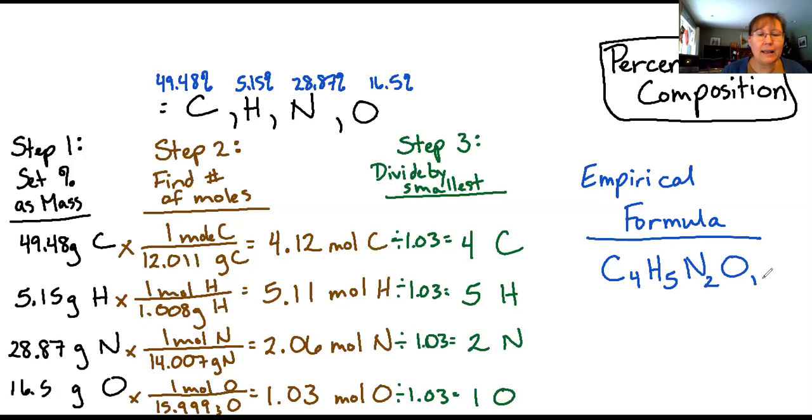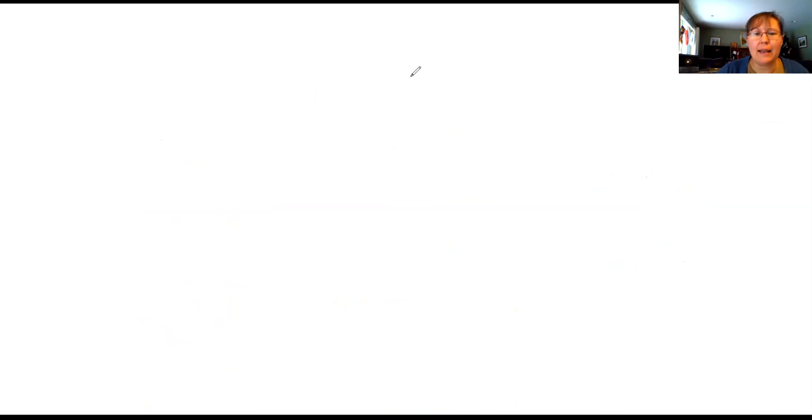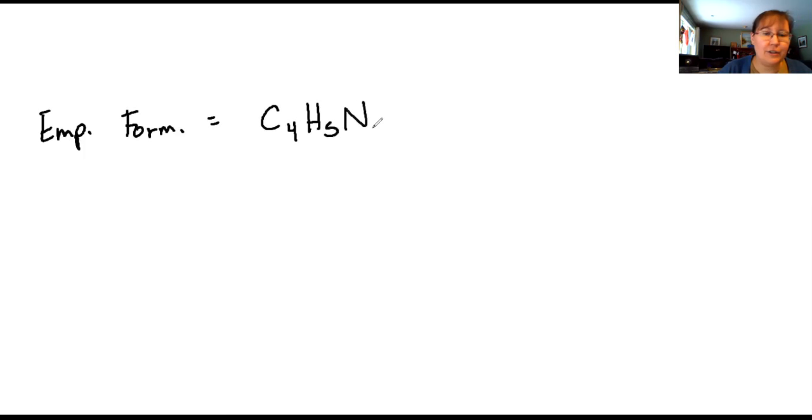So now let's take this a step further. And let's say that we know that our empirical formula, and that was the one that I just found, is equal to C4H5N2O1.